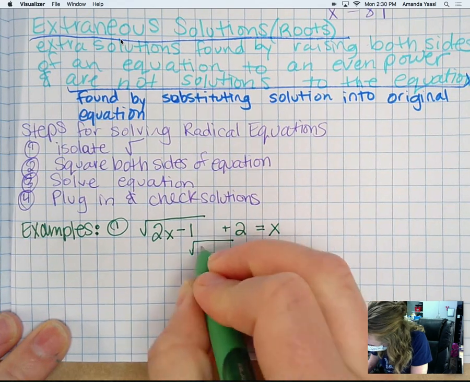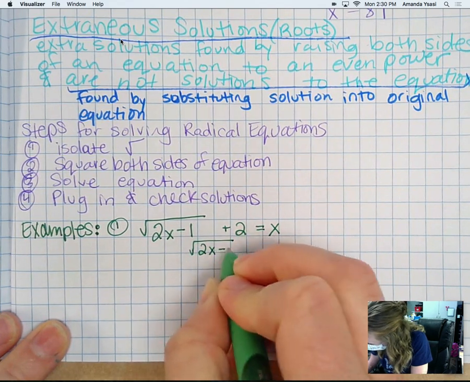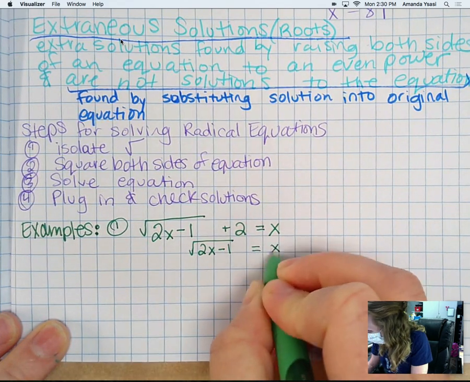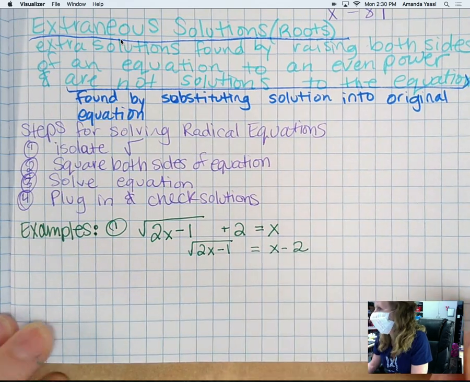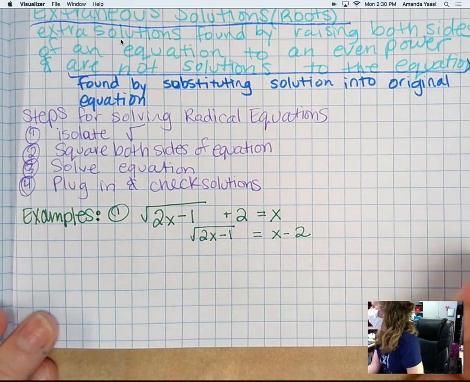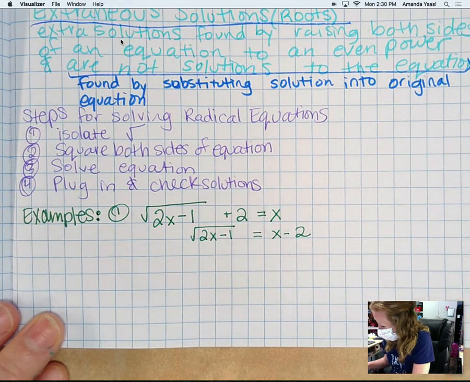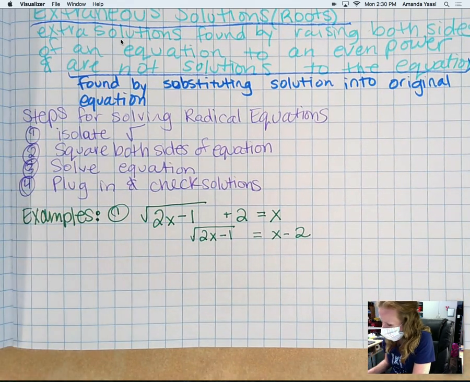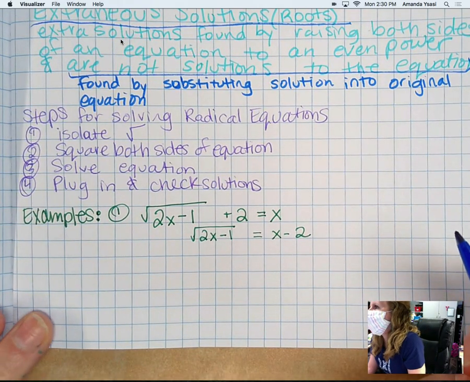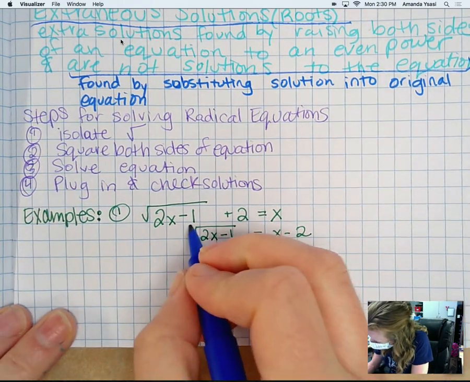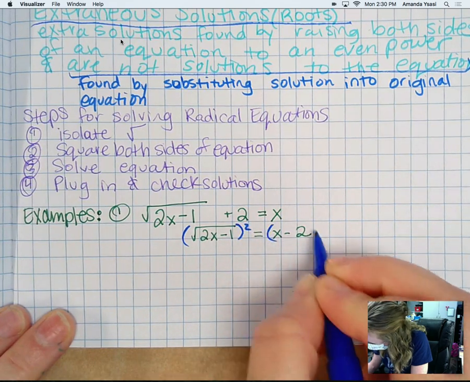So now I have the square root of 2x minus 1 equals x minus 2, because I had to subtract 2 on both sides. Step 2, square both sides.